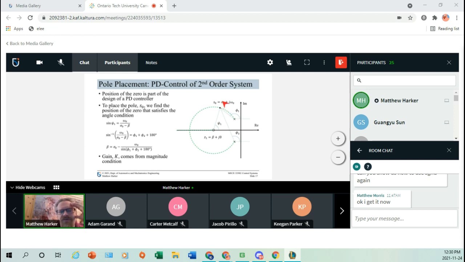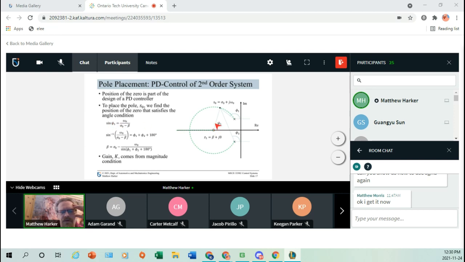So forcing the locus to meet that design point, rather than finding the K which passes through a point on the locus, right? So a slightly different problem, basically going from the other direction.